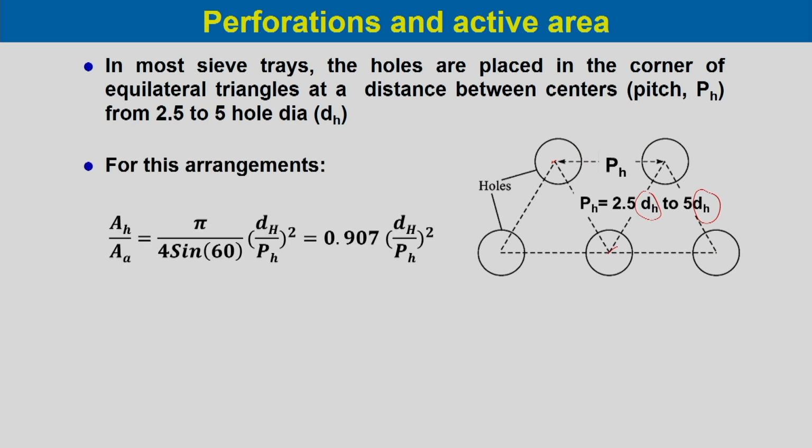For this arrangement, we can write AH by AA equal to pi by (4 sin 60) into (dH by pH) squared, which is equal to 0.907 (dH by pH) squared. AH is the vapor hole area and AA is the tray active area. Now, we need to know the downcomer geometry.